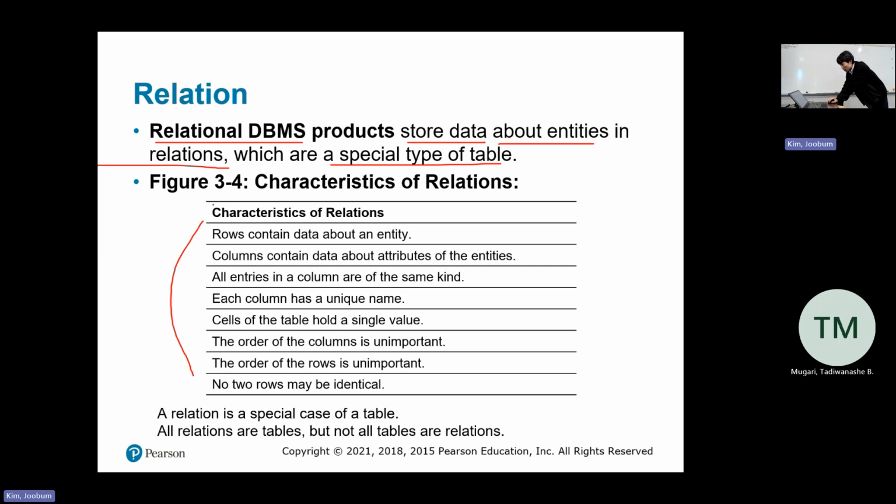So if a table satisfies those eight characteristics, you can say this is a relation, and it can be used in a relational database.